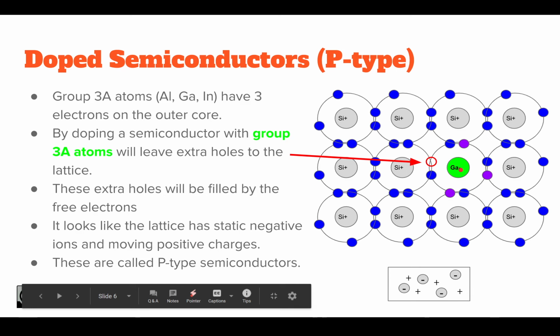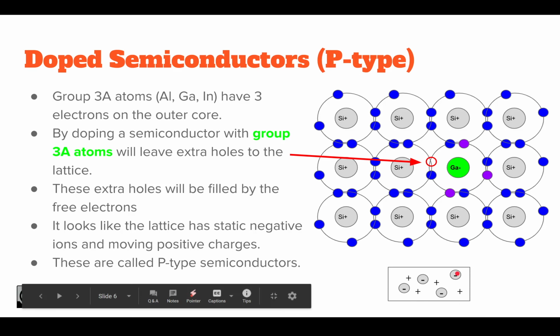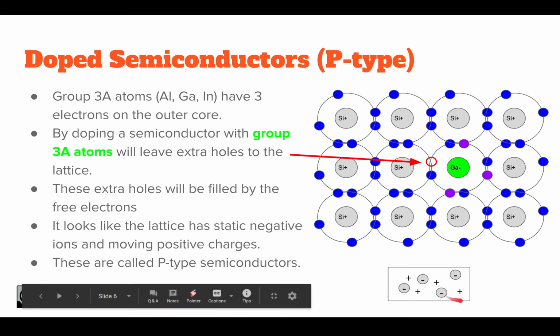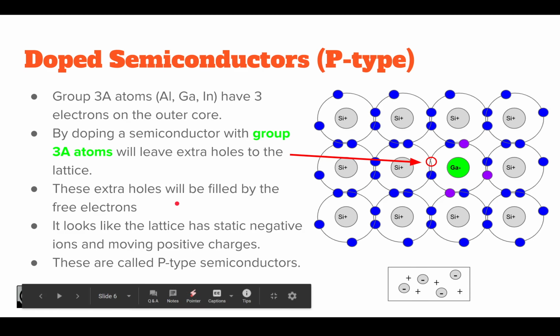Oops, that should actually be gallium minus, sorry. Anyway, the negative ions are static on this lattice, and then there are these free positive hole charge carriers around. And again, this matter itself does not have any charge by itself. It's neutral in charge, with an equal amount of electrons and positive holes. Okay, N and P, intrinsic N and P.